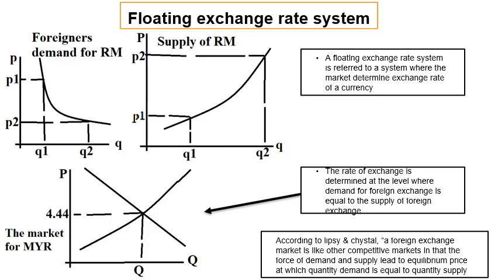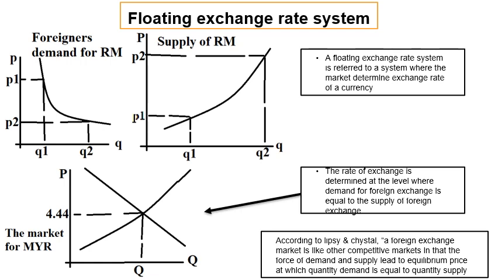And now we might want to know how the floating exchange rate system works. A floating exchange rate system is a system where the market determines the exchange rate of a currency. So demand and supply determine the exchange rate of the currency.